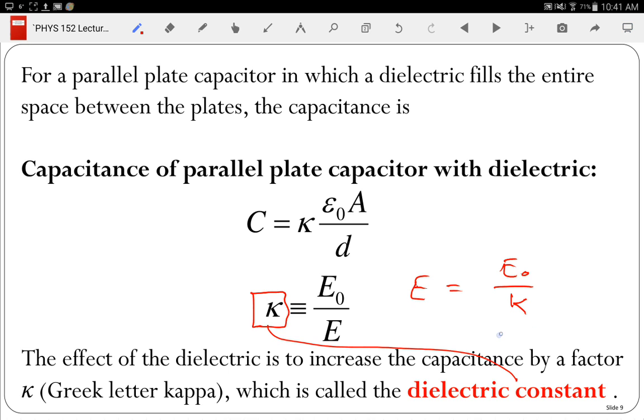Dielectric constants are always greater than or equal to 1. So that means the electric field between the plates is always less than it would have been without the dielectric. And because the electric field depended on kappa, it turns out the capacitance increases proportionally to kappa. So your capacitance has another term if you put a dielectric in it, that kappa, the dielectric constant.